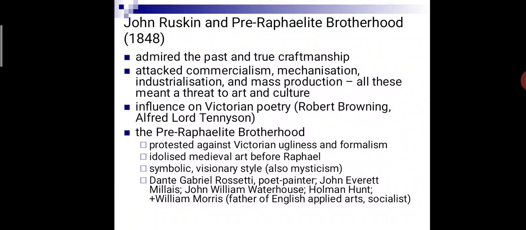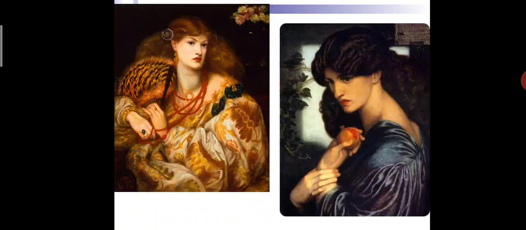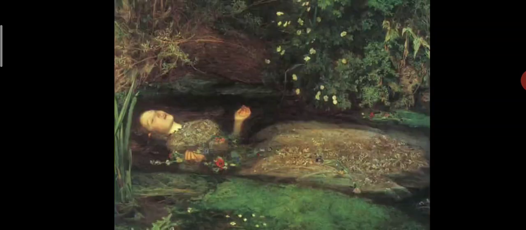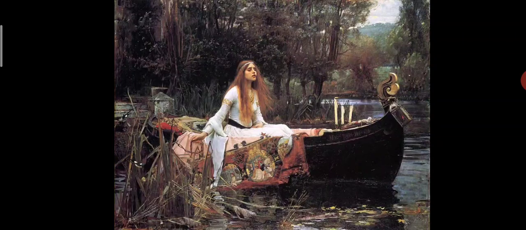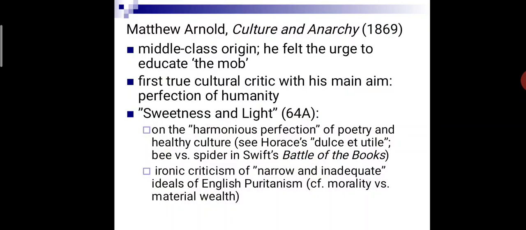Write down the particular literature which is called the Pre-Raphaelite Brotherhood and how they admired the past and the true craftsmanship. This is the photo of life from the Victorian age, how they were living a very luxurious life.